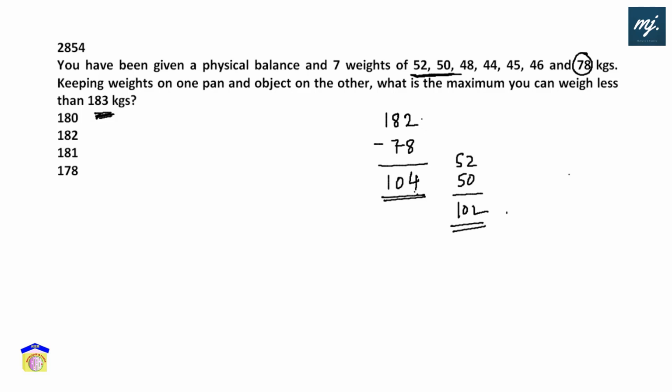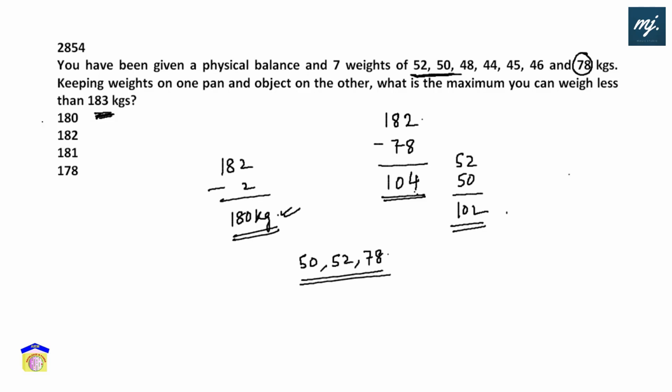That means 2 kg less than 182 kg. 182 minus 2. The maximum that we can weigh in one go, which is less than 183, is 180 kgs with 50, 52 and 78. Option A fits in.